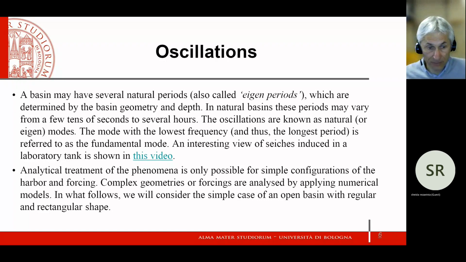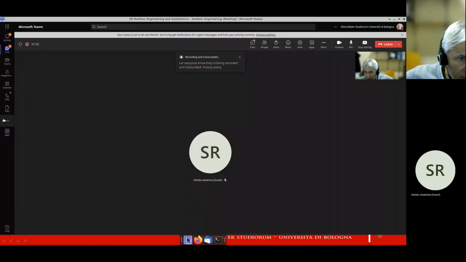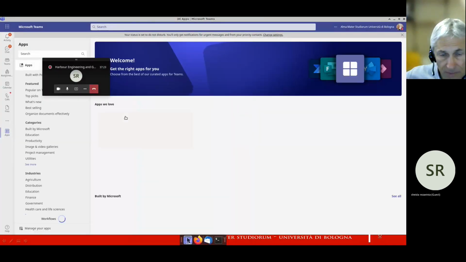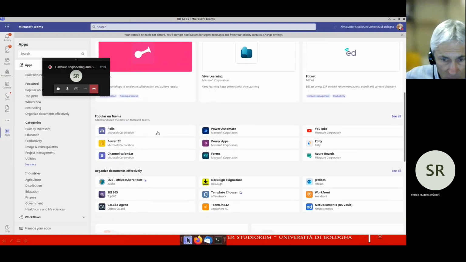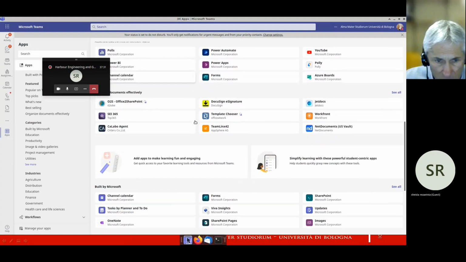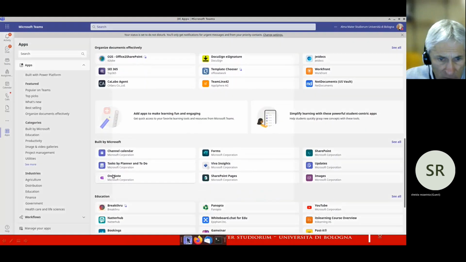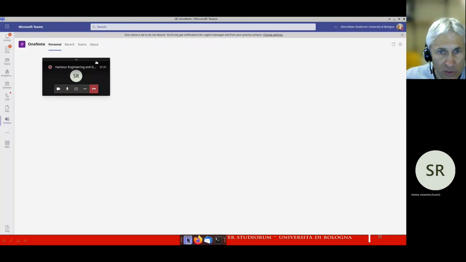What do I mean by a water basin with regular and rectangular shape? Let me open a graphic blackboard. One second, and let's open OneNote. Open, and let's see if it is clean or if I need to clean it.